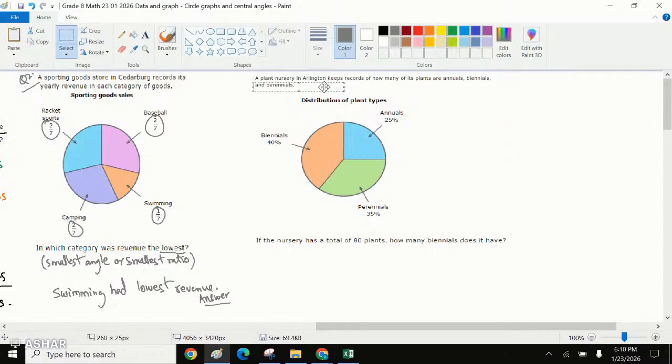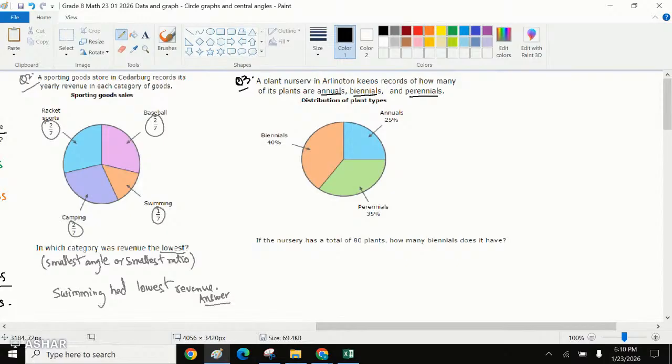Okay. And I'll just copy this again. For the question number 3, it states that there are 3 types of plants: annuals, perennials, and perennials. Okay. So the angles are given to us. Annuals were 25, perennials were 40, perennials were 35, right?